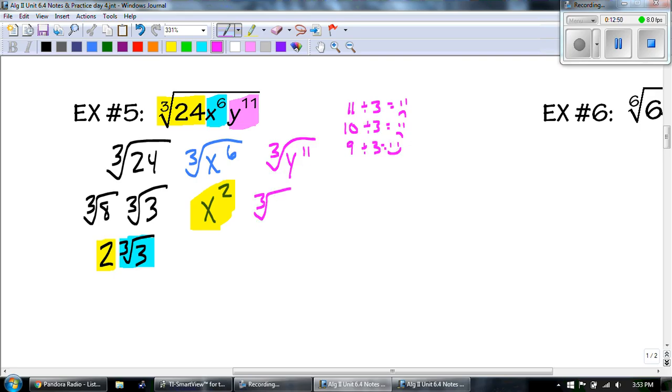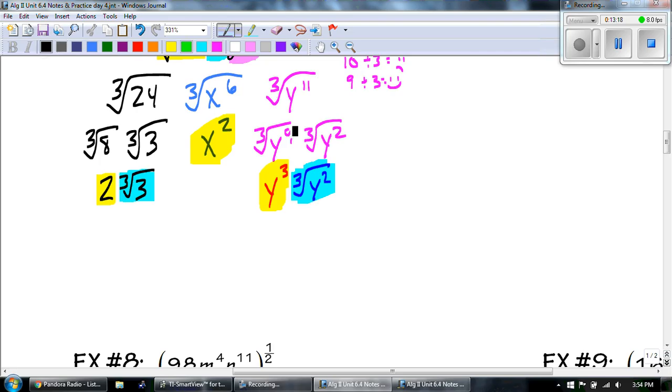So when I break this down, it's y to the 9th, and then I gotta be able to compensate for the other 2, so then it's squared. I simplify the cubed root of y to the 9th because I just divide it, and we get y cubed, and then my remainder, okay? So answer, remainder.